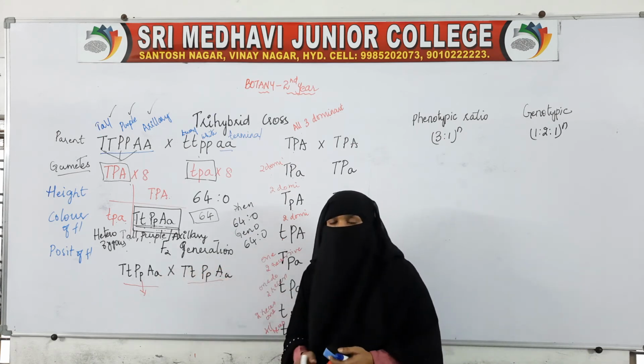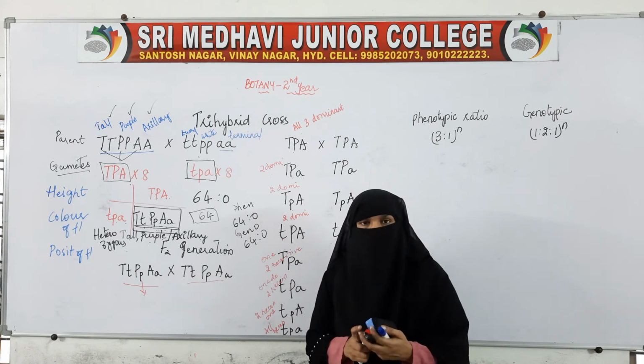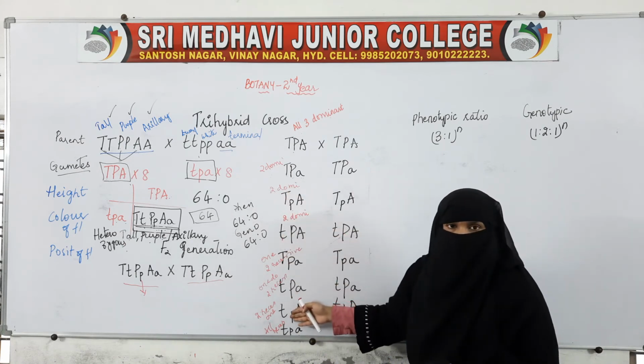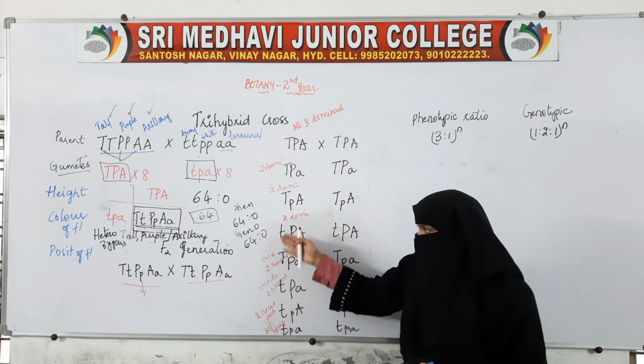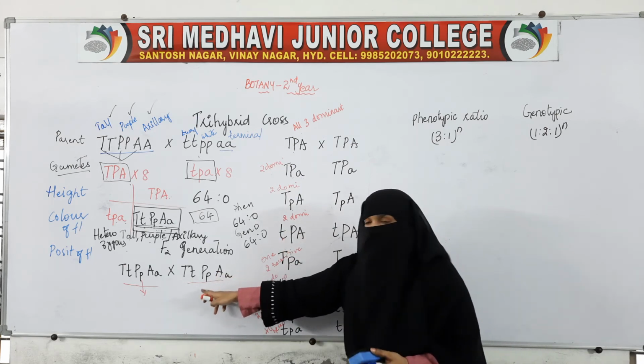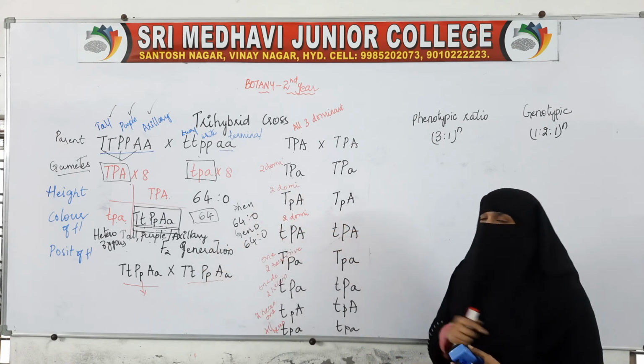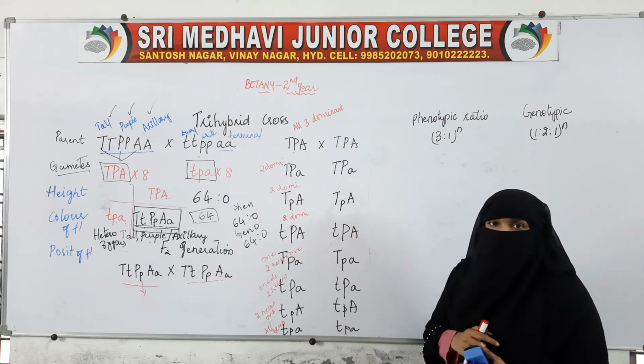You can calculate, you can do it in your book. If you do it now, you will be able to get it. So these are the gametes we get when we self this in the F1 generation. These gametes we get in the F2 generation.